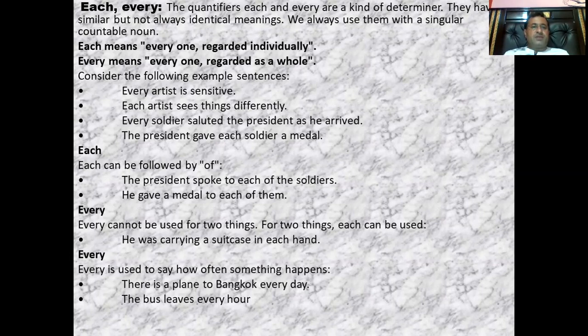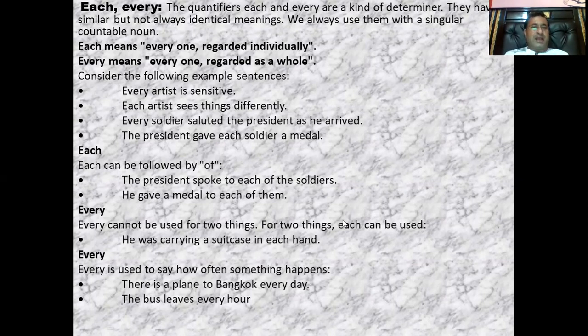Now, for example, every artist is sensitive. Here every is emphasizing the artist community as a whole. Each artist sees things differently. There are a number of artists, and suppose many artists see the same painting, the same thing, differently.